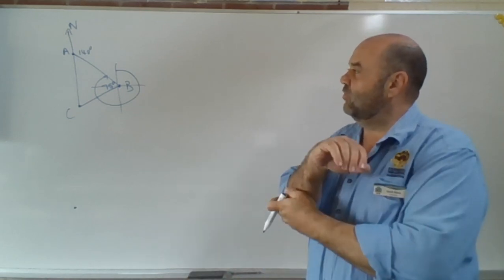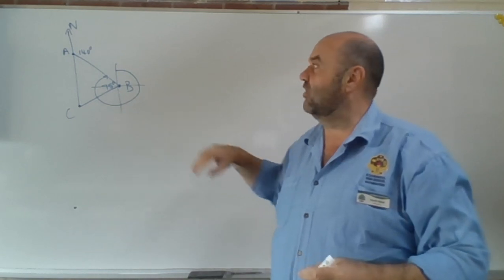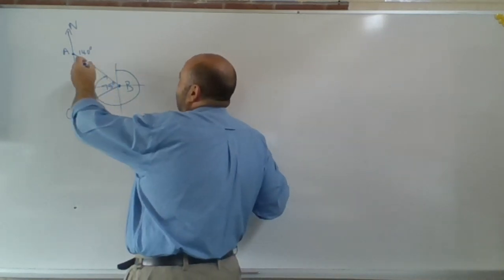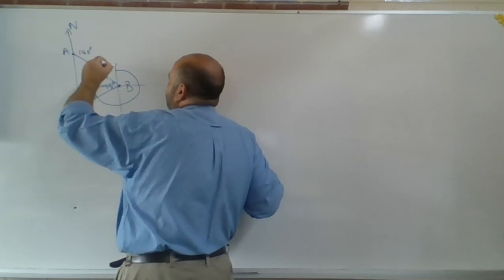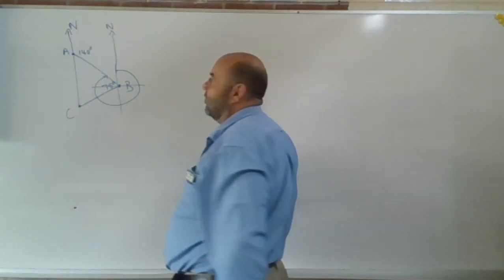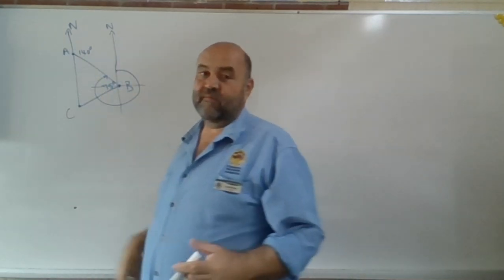Well, we need to make use of a couple of the relationships that we see on the board in front of us. See that line there is also pointing north. These two lines are parallel.